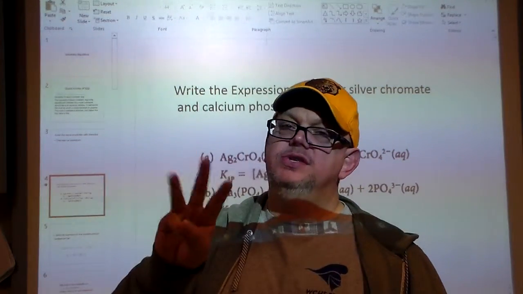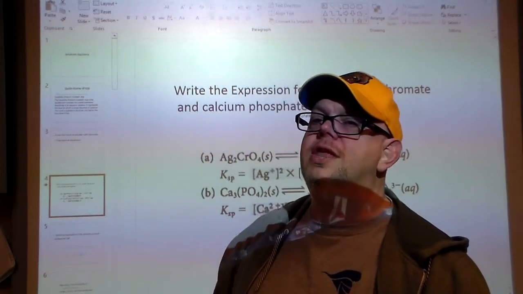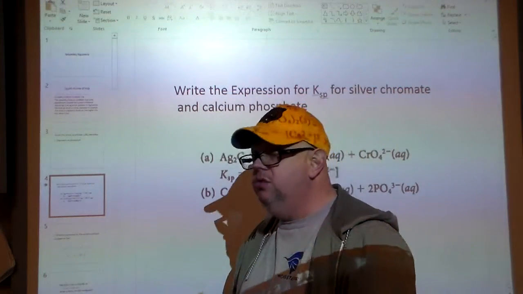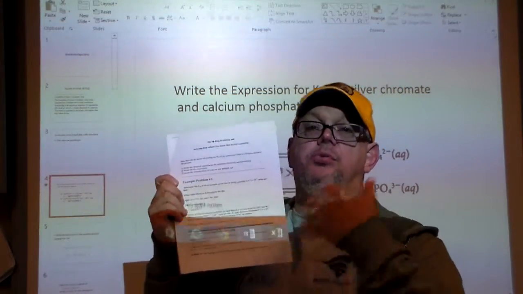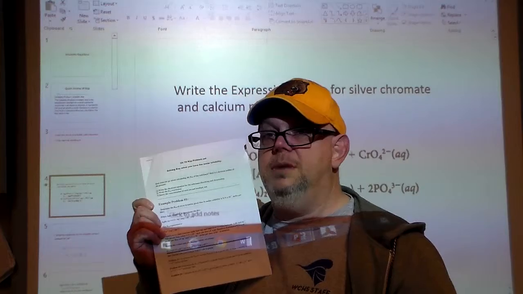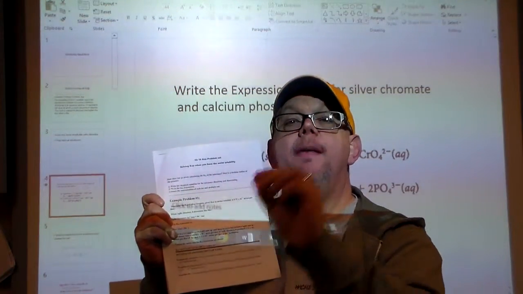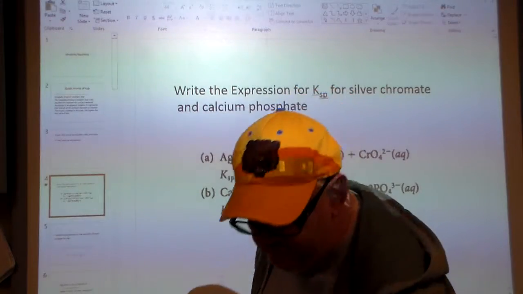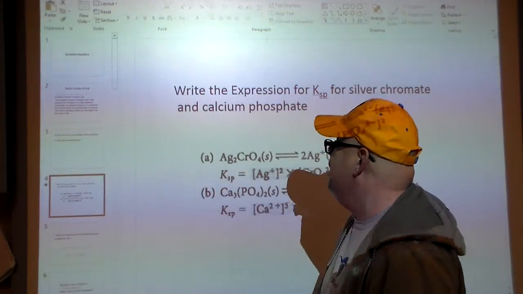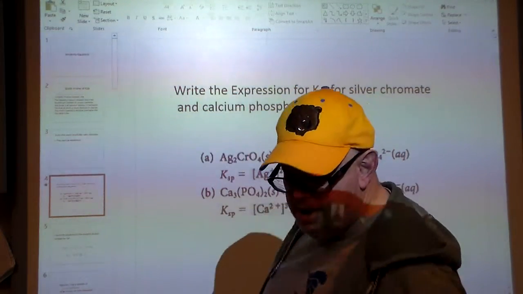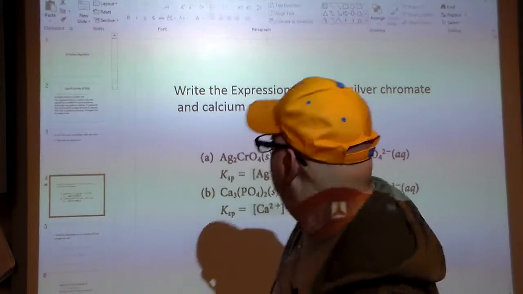So there are three ways to look at this. On the worksheet you are getting, you will work the problems on a separate sheet of paper, but the examples are done step by step in this chapter. There are a lot of examples done step by step.